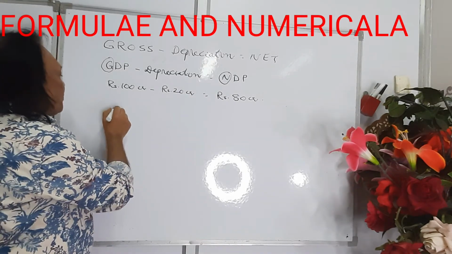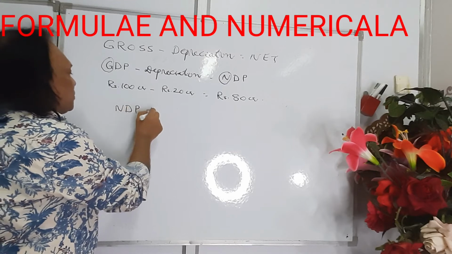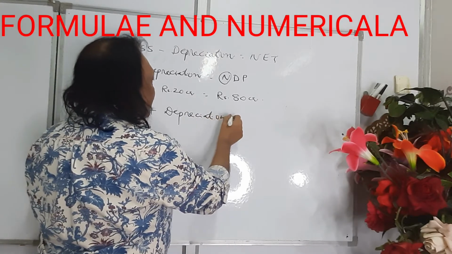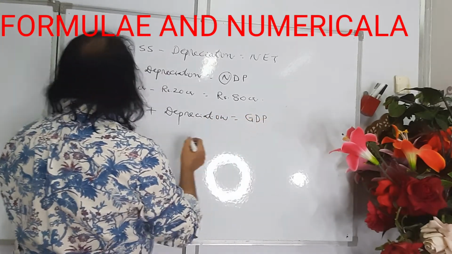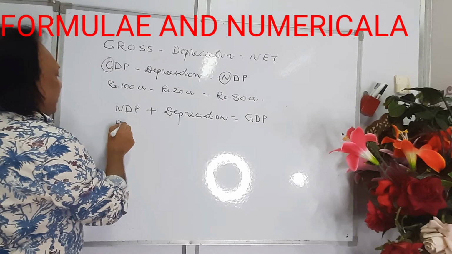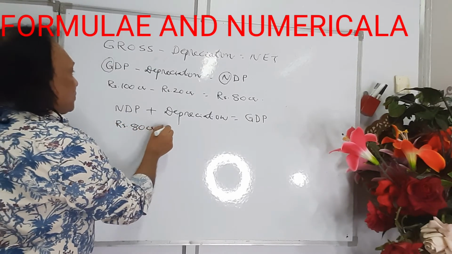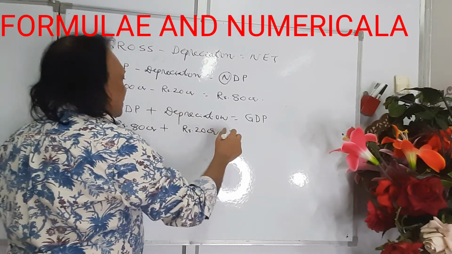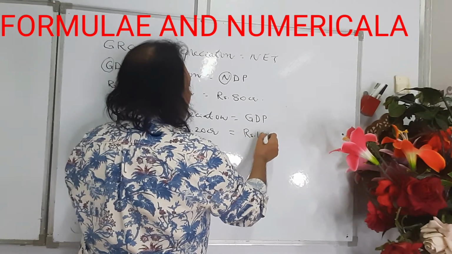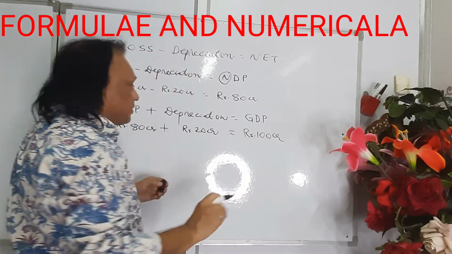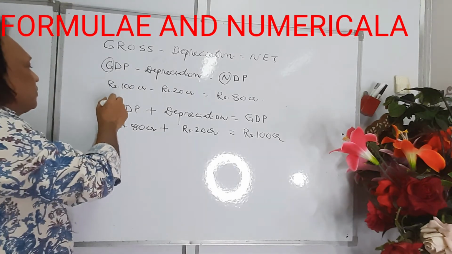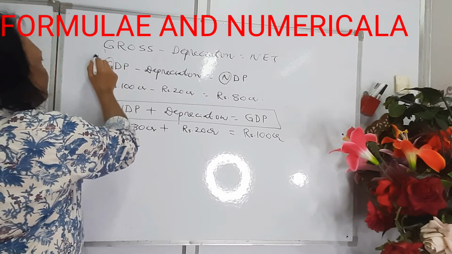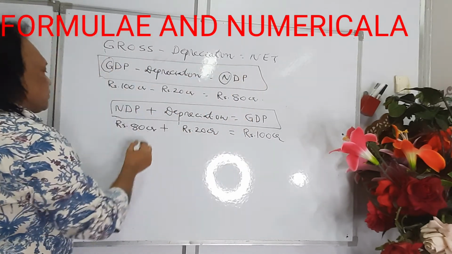Or the other way around, suppose you have NDP, to this you add depreciation, then again you get GDP. Suppose NDP is 80 crores, to this you add rupees 20 crores as depreciation, again you get 100 crores. So NDP plus depreciation will give you GDP, or GDP minus depreciation will give you NDP. Like this, you can have any more.